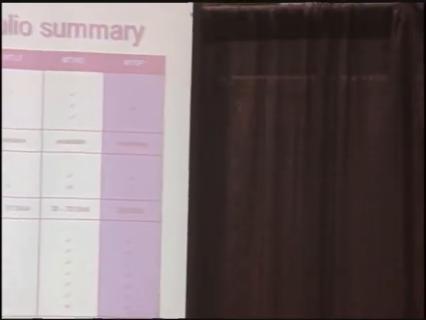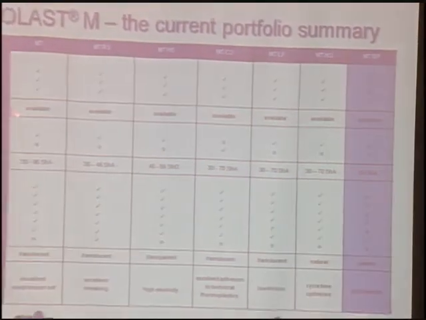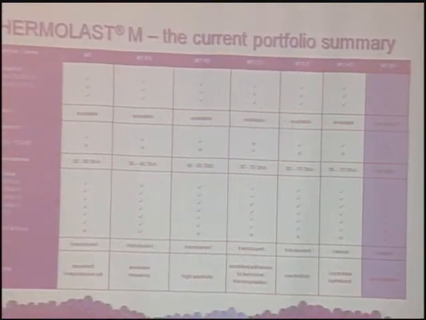And also, we want to offer customers a unique new medical service package as part of the offering we have. This chart summarizes the products we have developed, new TPE materials for various applications.